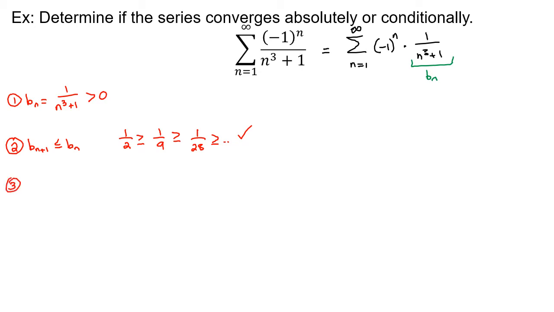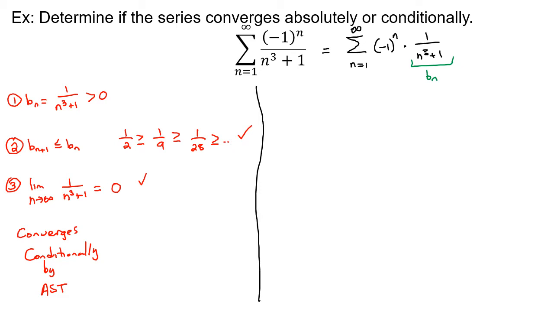And I need the limit as n goes to infinity to be 0. And it would be. Notice there's more n's on the bottom than there are on top. So as you go to infinity, this thing goes to 0. So this thing does converge. And it converges conditionally by the alternating series test.